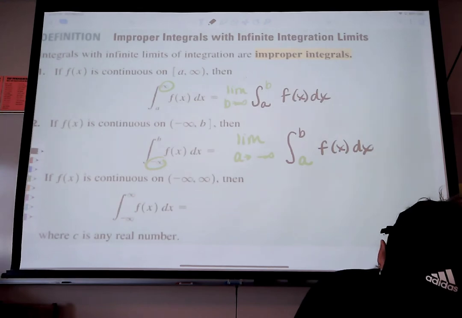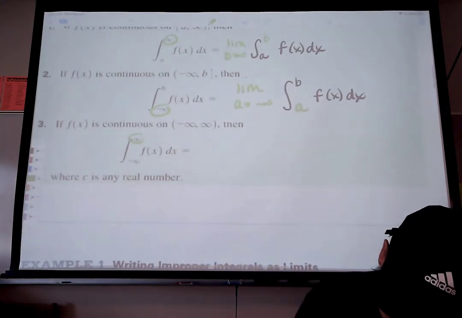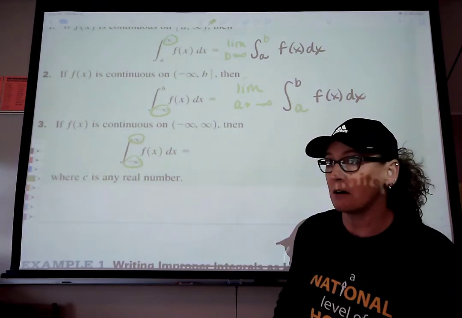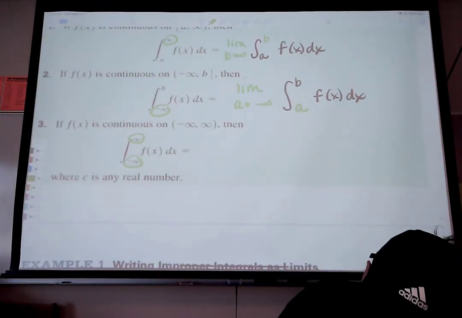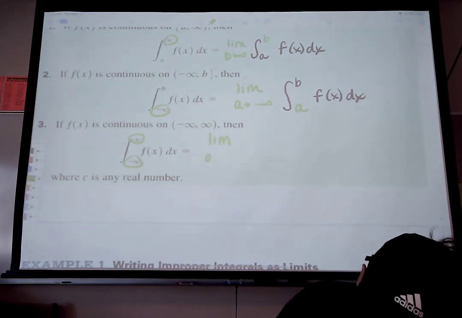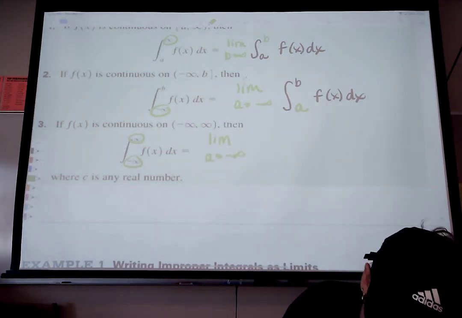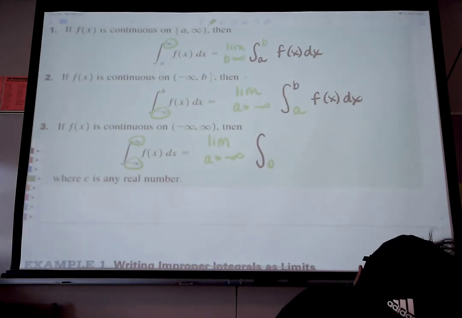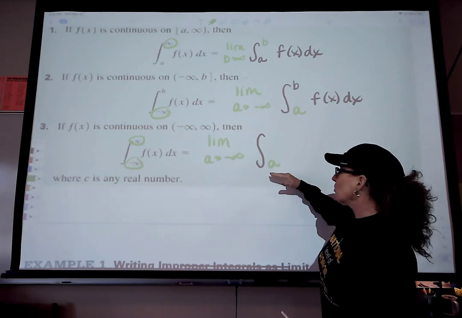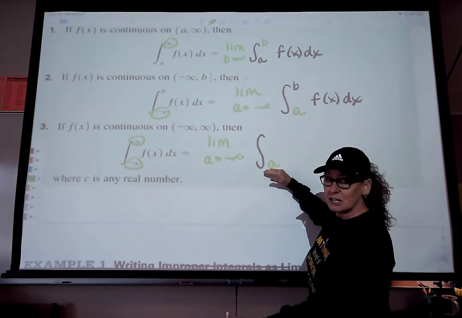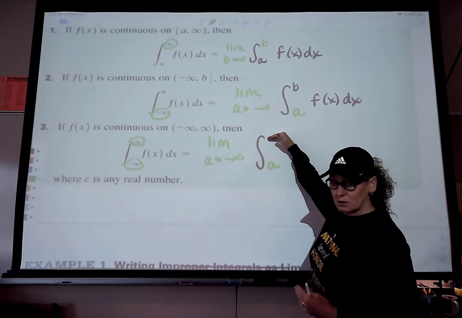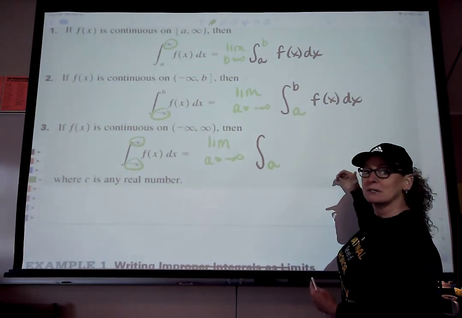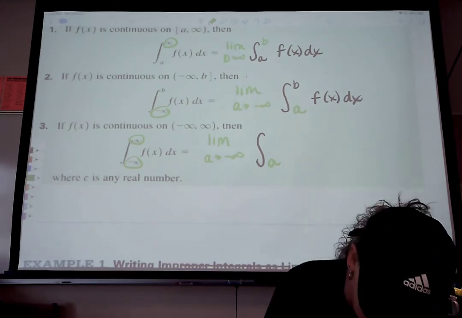So both of these need to be replaced. I'll replace this one with A, and I'll say I'm going to do the limit as A approaches negative infinity, right? And we're going to go from negative infinity, and we're going to stop it at 0. And then in our next integral, we're going to pick it up at 0 and continue on.